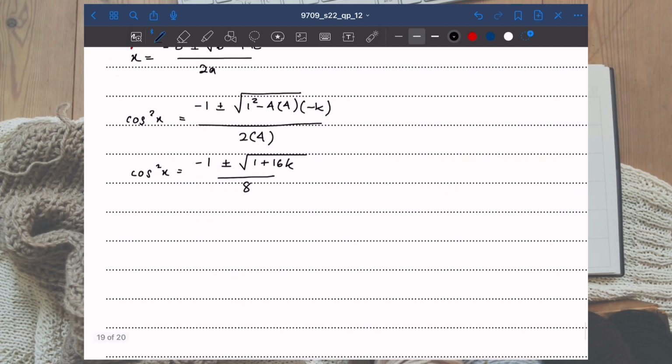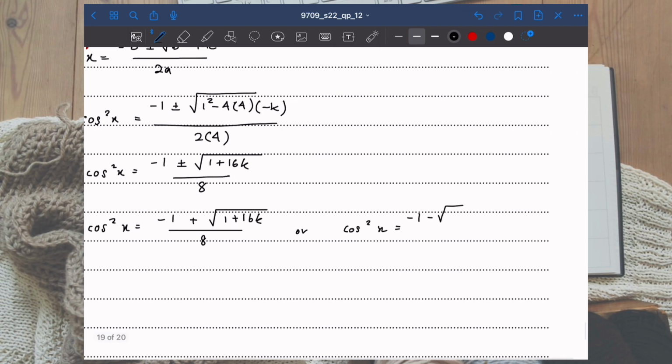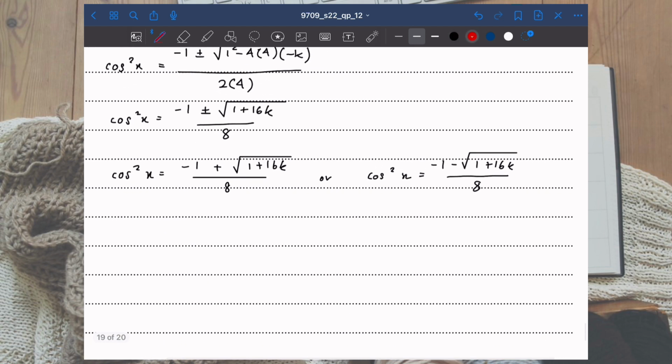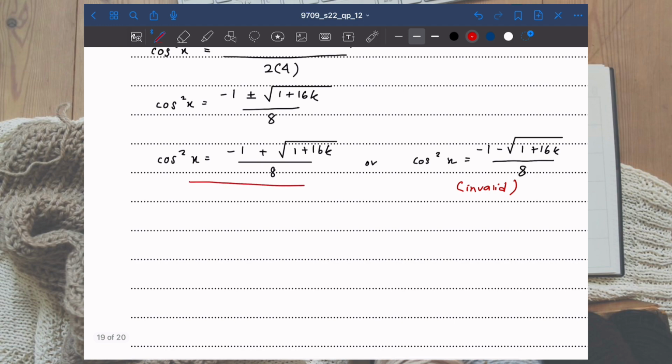So cos square x has both positive and negative solution. It's either negative 1 plus square root of 1 plus 16k over 8 or negative 1 minus square root of 1 plus 16k over 8. This solution is invalid because a square number cannot be negative. So we're only left with this solution.